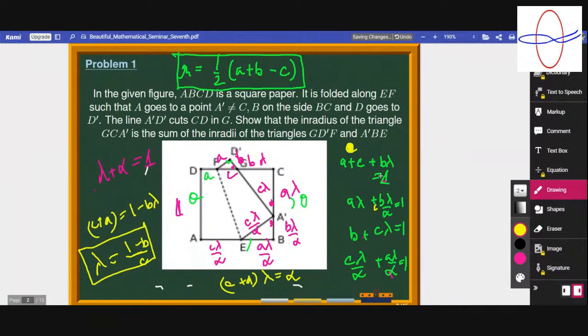So we need to show this. How will you do this? A square plus B square equals C square, due to this result, because of the right angle result.